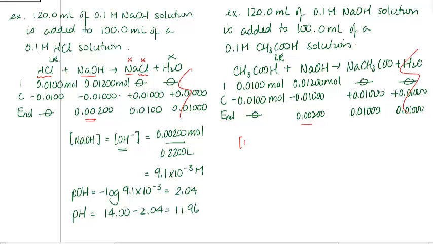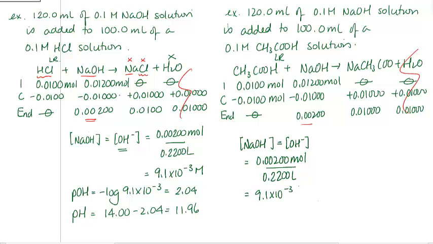In this case, the NaOH is a strong base, and so it dissociates 100%, and so we can say that the OH concentration is directly related to NaOH, and so we can then calculate the concentration, and we now have 0.00200 moles of OH- divided by 0.2200 liters, and so we end up with a concentration of 9.1 times 10 to the minus 3.